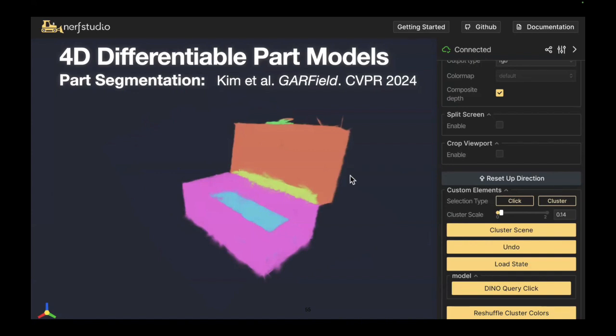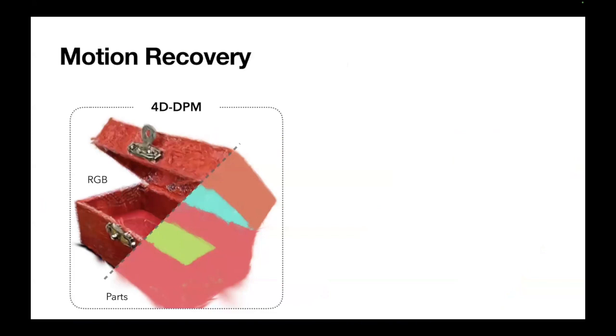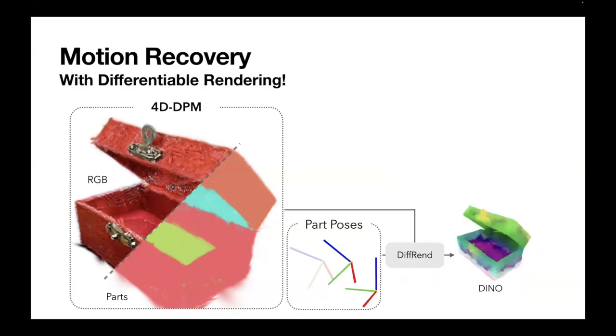So once you get this grouping, we're going to fit this to video. So you can think of these as template models. If you're familiar with 3D human motion reconstruction, there are models like SMPL, which is a statistical body model of the human body that you can use to manipulate. So you can think of this as a puppet. Now we have a part-based puppet of any object that you have scanned.